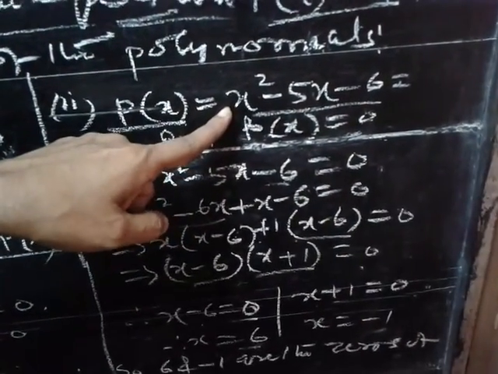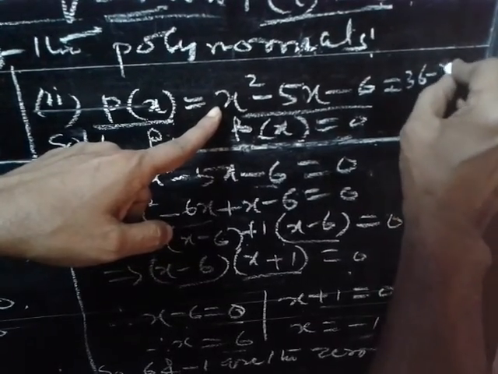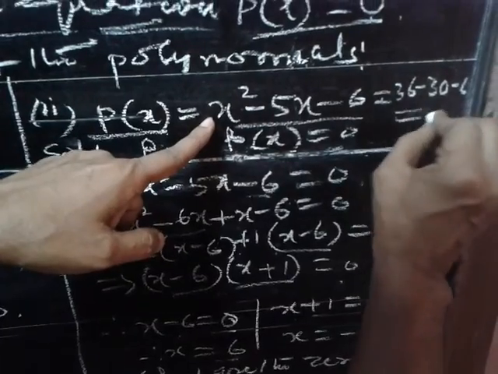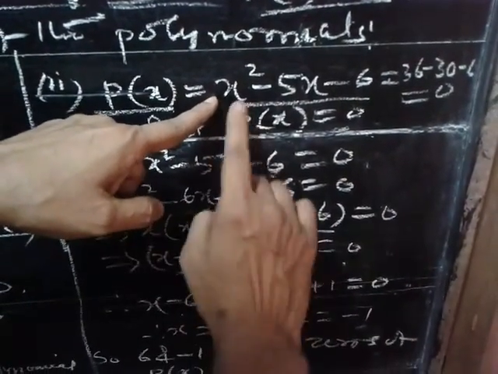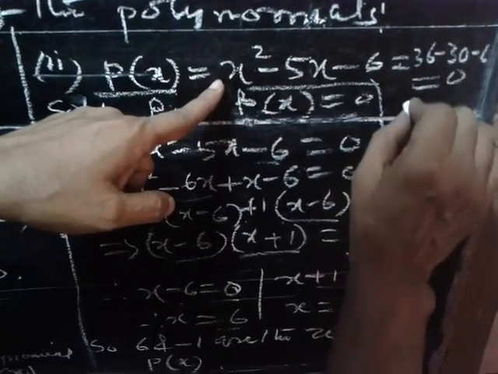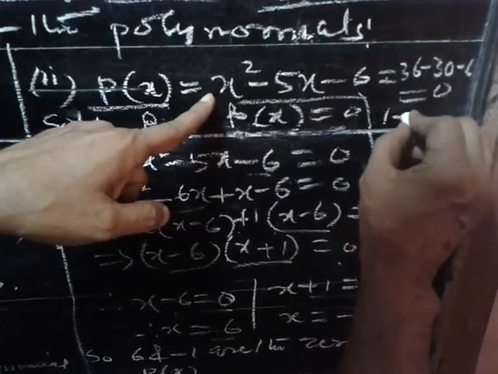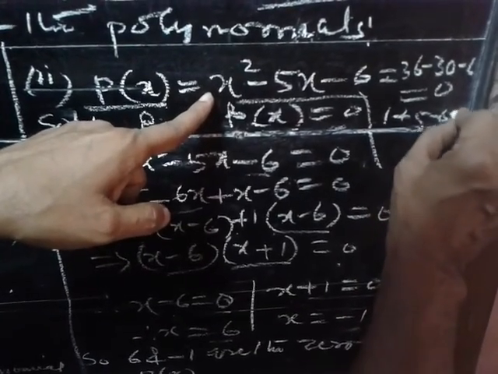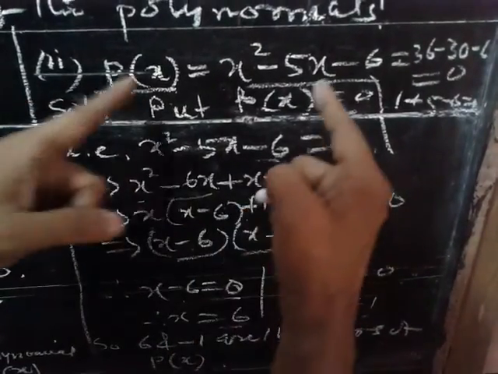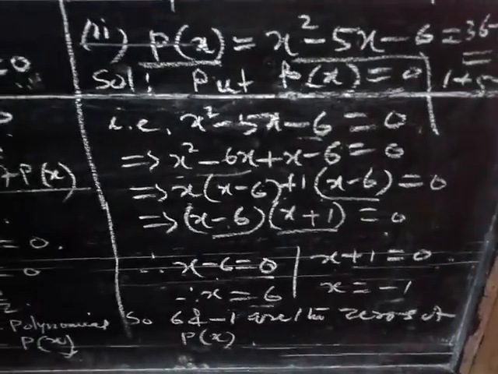If you put 6 here, it will be 36 minus 30 minus 6, it is becoming 0. If you put minus 1, it will be plus 1, minus into minus 5x into 1, that is plus 5, minus 6, it is also coming 0. So these are the zeros of this polynomial p(x) equal to x square minus 5x minus 6.